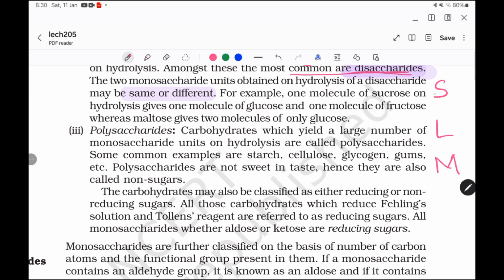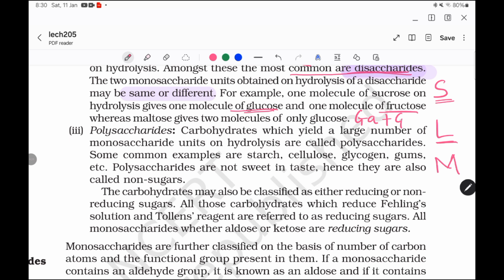In the case of the disaccharide sucrose, when I boil it, I will get two completely different monosaccharides: one molecule of glucose and one molecule of fructose. Similarly, when I boil lactose, I get one molecule of galactose plus one molecule of glucose.